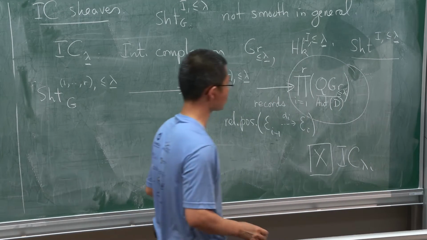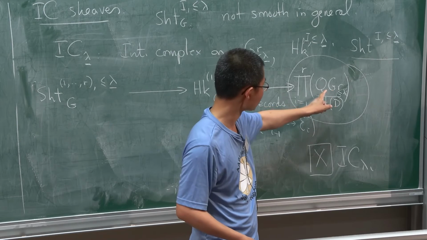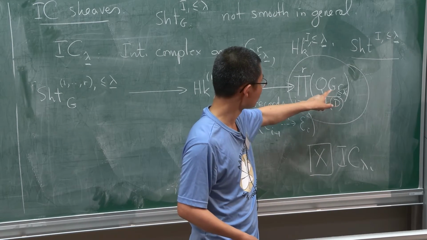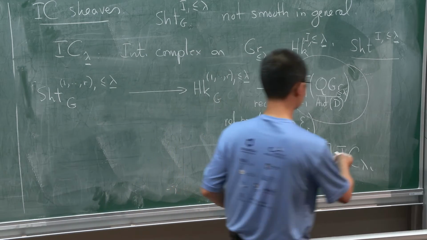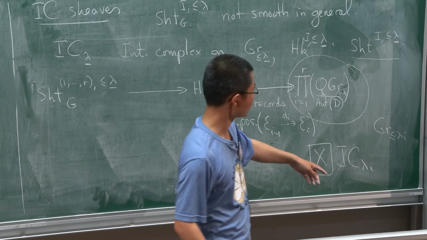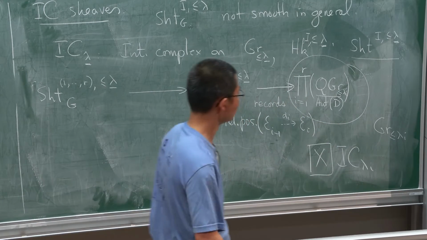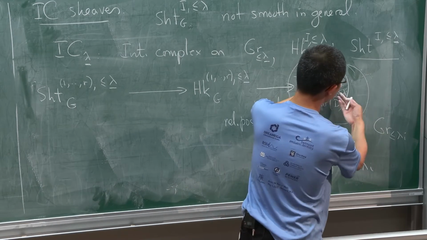So it's the intersection complex that measures the singularities of each of these Gr less than or equal to lambda_i. Or, I mean, it's the same as thinking of them as the intersection complex on Gr, because they are related by a smooth map.